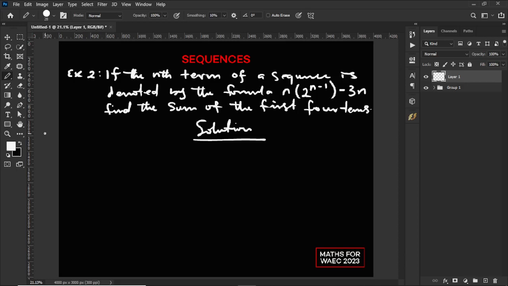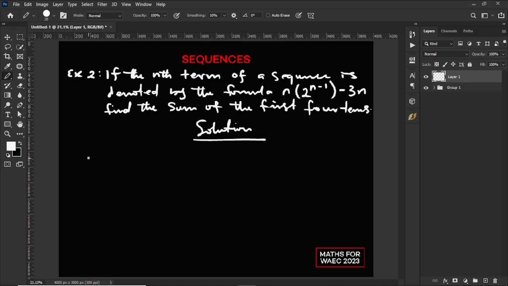You have to show them how you are able to get the first term, second term, third term, and fourth term before you carry out what the examiner asks you to do, that is by adding up the 4 terms. They might not even bother to check what your summation will be. When they see that you are able to get the first term correctly, second term correctly, third term correctly, then fourth term correctly, everybody knows that you should be able to add them together. And that's why that particular answer would not carry huge marks. Are you following? Yes, sir.